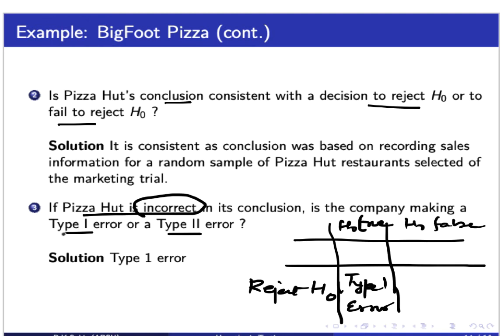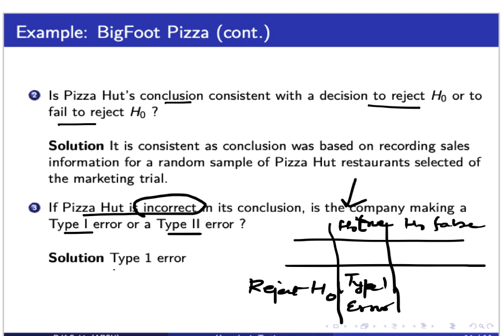So what we can say is that the null hypothesis was actually true, and hence we ended up rejecting the null. So this basically is the classic scenario that the null hypothesis was true, but they based their decision on their mean percentage sales having increased. So they say, hey, this is going to happen. But their conclusion was not right, and hence a type 1 error.